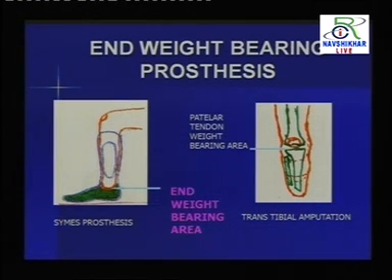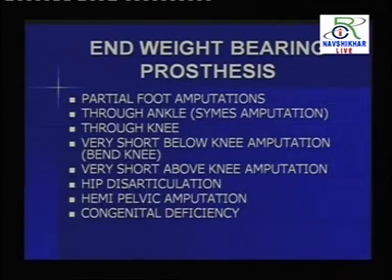So this is the SAMS prosthesis, an end weight bearing prosthesis, in which the end weight bearing area is being used. This is the technology which is being used for the end weight bearing. And another one is the transtibial, because we have to transfer the body weight by any means, either it's end weight bearing or any other means like patellar tendon weight bearing. So this is the difference between the end weight bearing and the other part of the weight bearing.